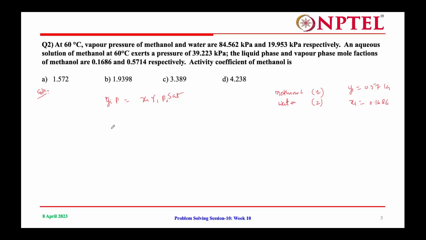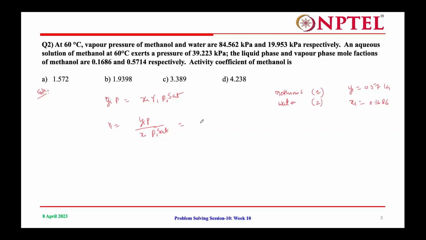Now to calculate the activity coefficient of methanol, y1 P = x1 gamma1 P1 sat. All the values given here, put in this equation and calculate the activity coefficient.